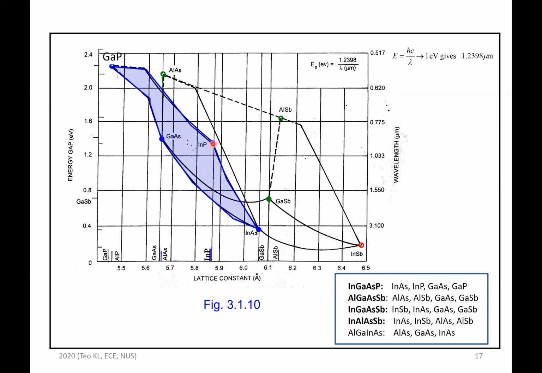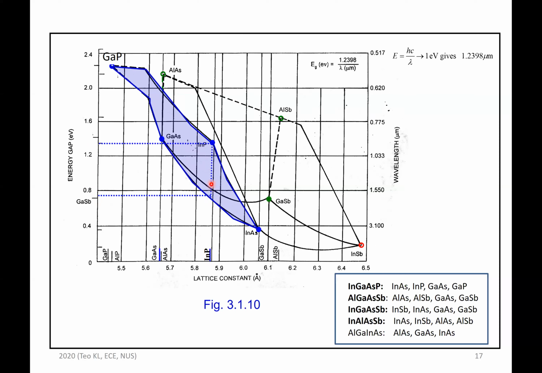And along this vertical line that matches indium phosphide, if I want to grow on indium phosphide, I would have a band gap range for the indium gallium arsenide phosphide quaternary alloy, with this band gap energy, that I can grow at the lattice constant of indium phosphide. So lattice match.